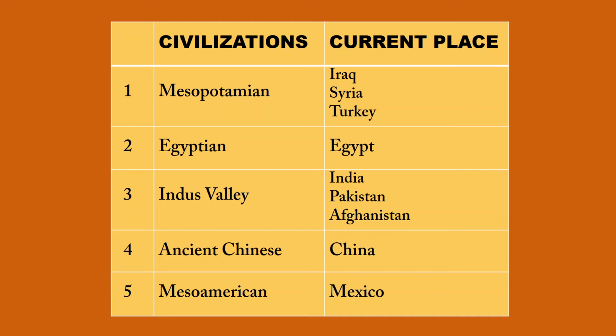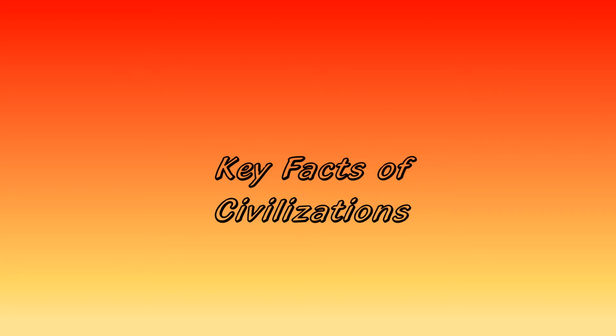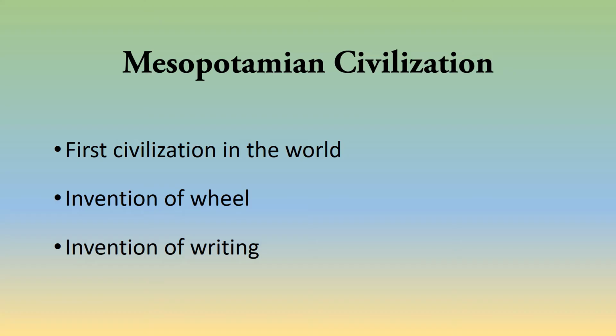Now let's have a look at the current place table to know the current location of these civilizations. As we have been seeing the world maps quite a few times, we are very familiar with the locations. So, we are quickly moving to the section of key facts. First, Mesopotamian civilization.